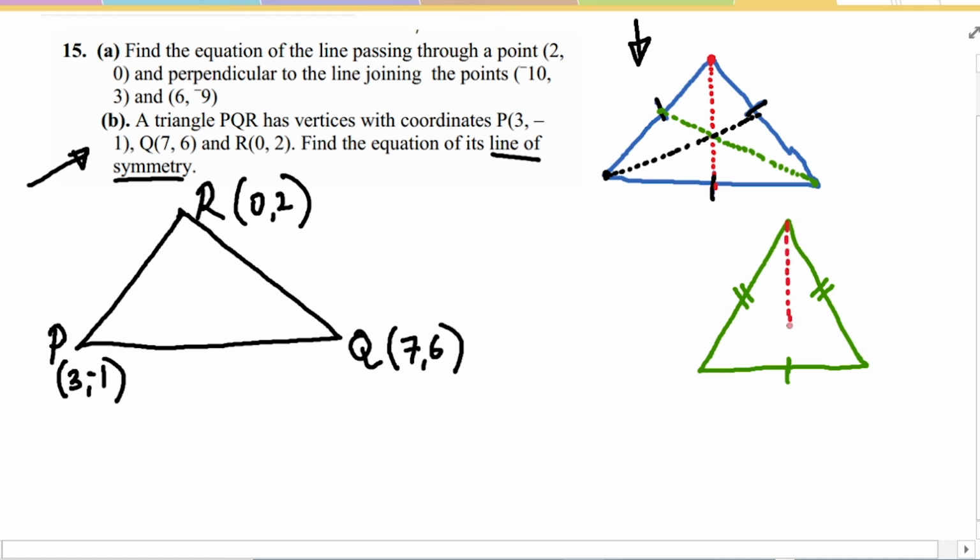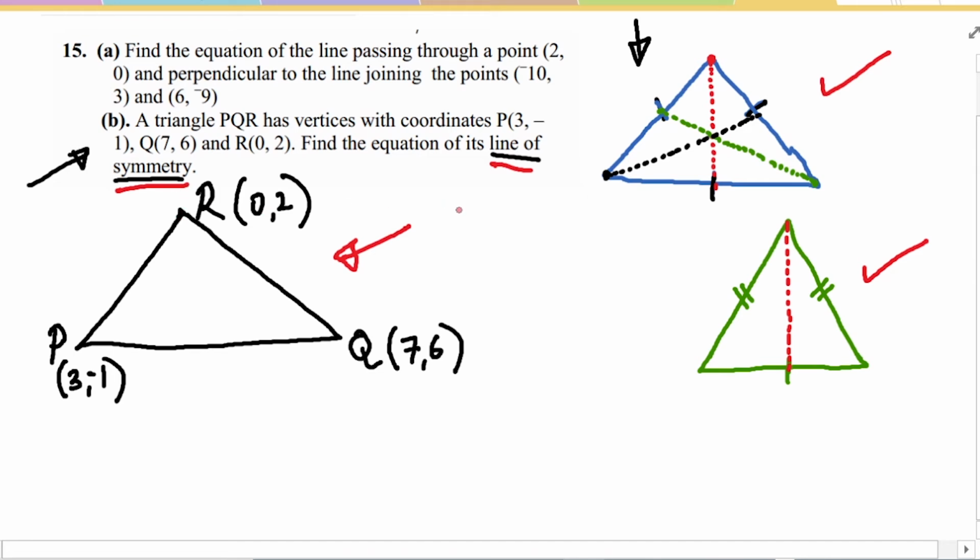It's only 1 line that gets to divide the triangle into 2 equal parts. So now we do not know this triangle. Is it an isosceles triangle? Determining whether it's an isosceles triangle or an equilateral triangle is what is going to determine how we are going to approach the equation of the line of symmetry.